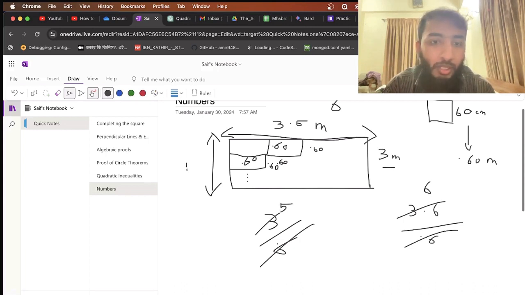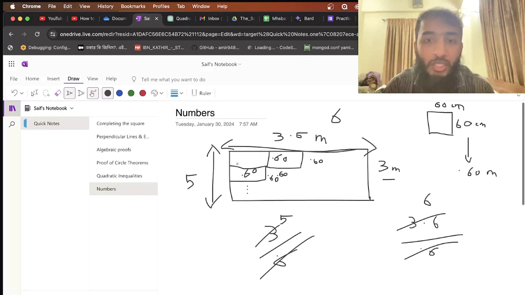So a maximum of 5 slabs will fit across the width. Sorry, there is no height because it's only two-dimensional. So 5 paving slabs can fit the width, and 6 paving slabs can fill the length.